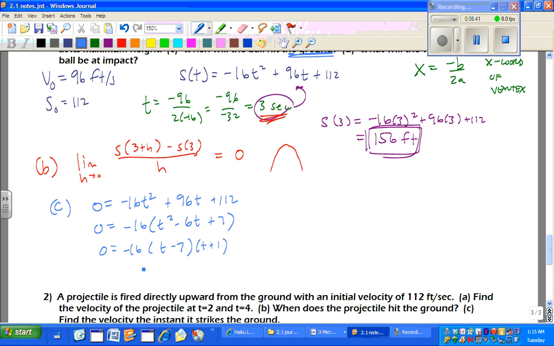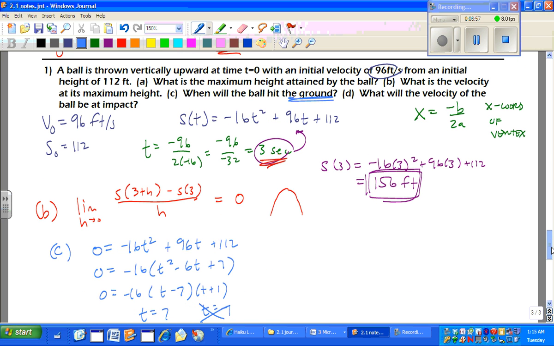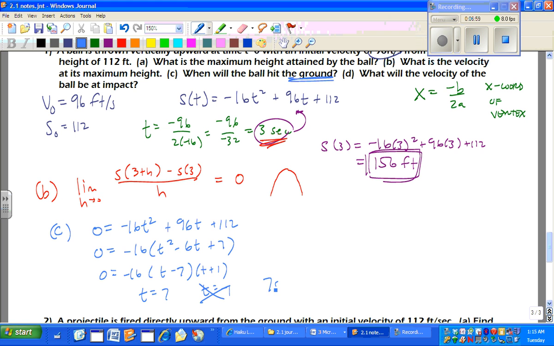So if we set these equal to 0, we're going to get either t equals 7 or t equals negative 1. Well, our time's not going to be a negative 1 second. So the only one that makes sense here is t equals 7. So it's going to take 7 seconds for the ball to hit the ground.